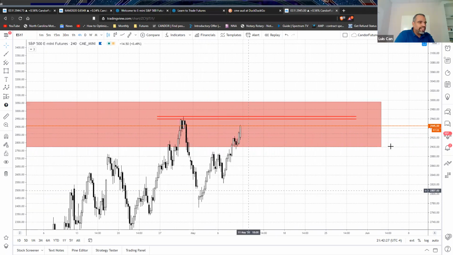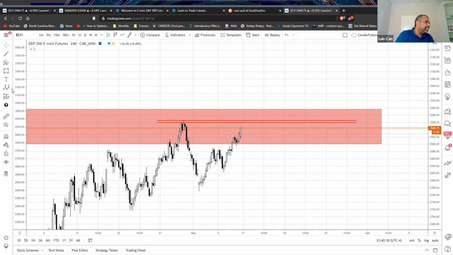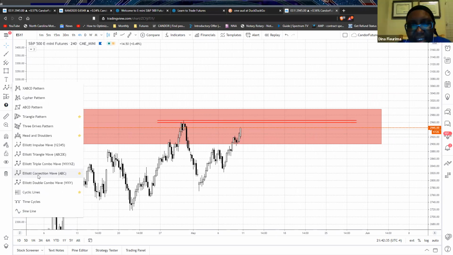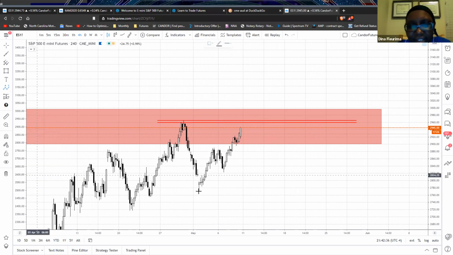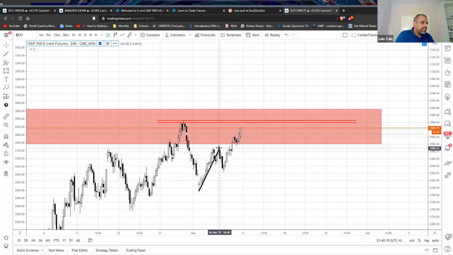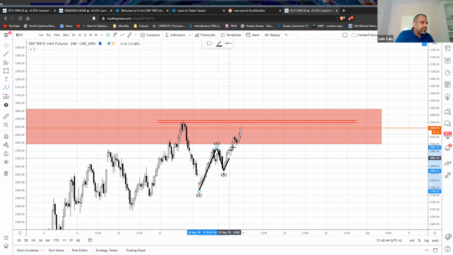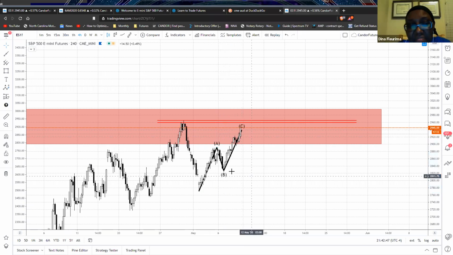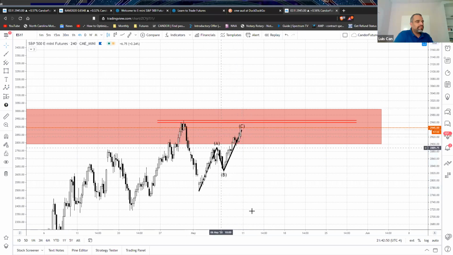Remember the N wave I told you? Look at it here in a shorter time frame, because they all repeat themselves in all time frames. Look at it from here, first leg. Look at that. Almost identical, almost the same size.